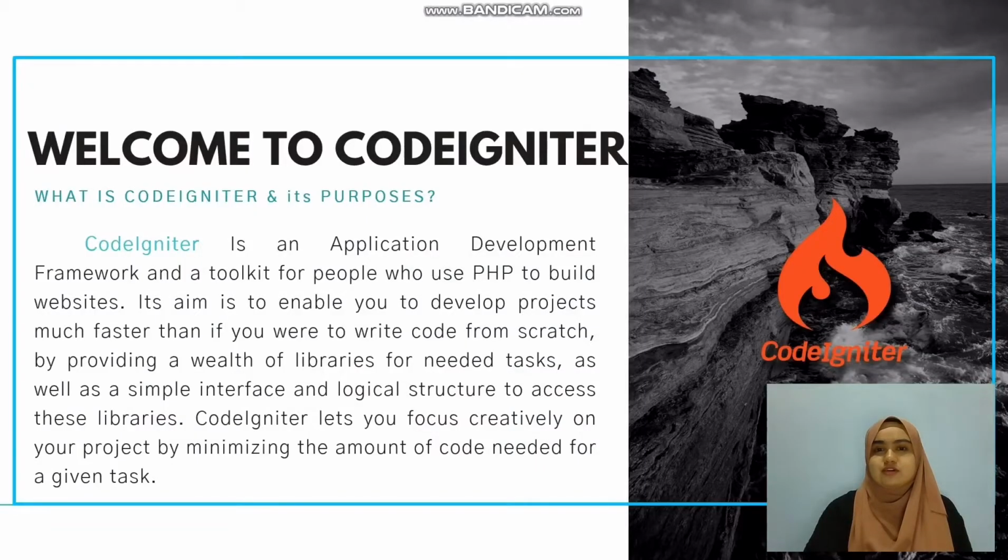So what is CodeIgniter? CodeIgniter is a light web application framework that was written in PHP. It adopted the model view controller approach to development. CodeIgniter was built by BCIT, and the first version of CodeIgniter was released on 28 February 2006.